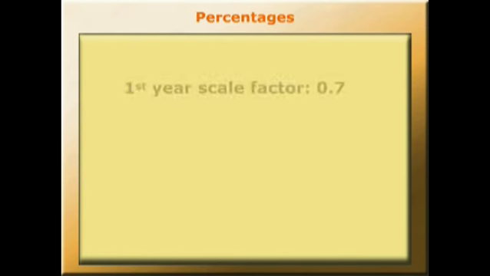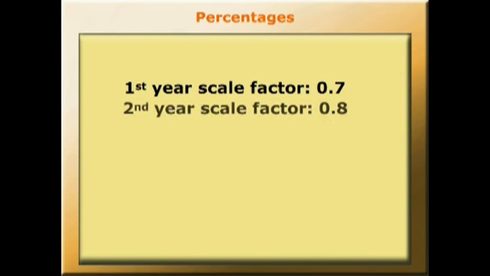The first year scale factor is 0.7. That's our 100% less the 30% depreciation. The second year scale factor will be 0.8. That is the 100% less the 20% depreciation in that year.